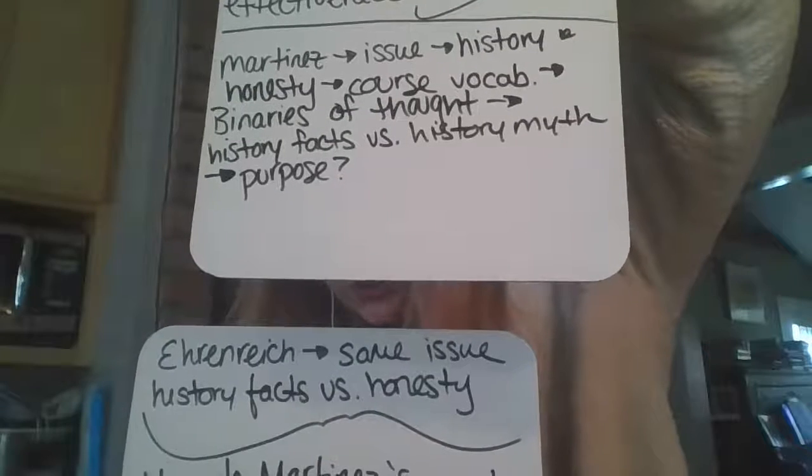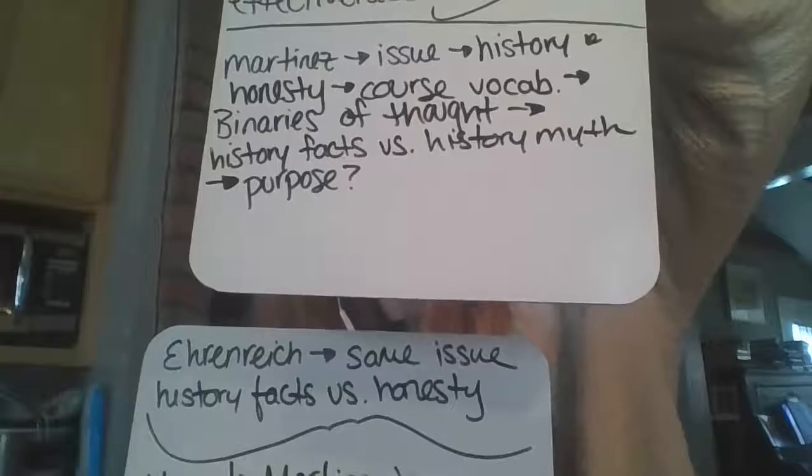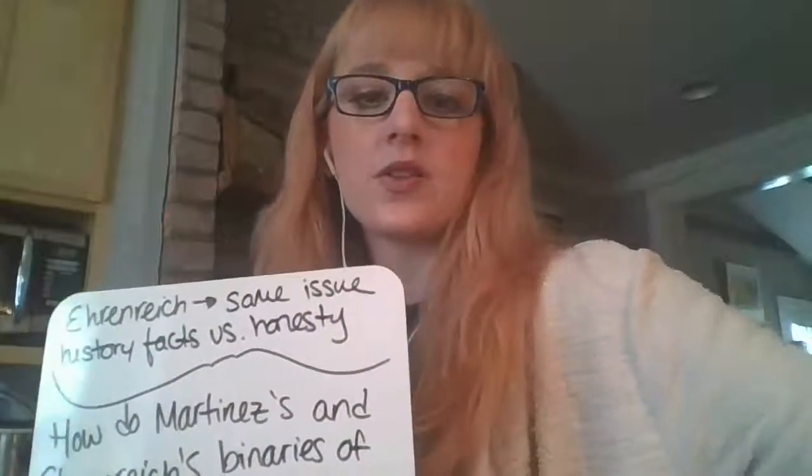The Ehrenreich essay has a similar issue, historical fact versus historical myth, but it's presented completely differently. She talks a lot about how she doesn't really have a cultural mythologized history herself. She's more into thinking about the facts of her family values.